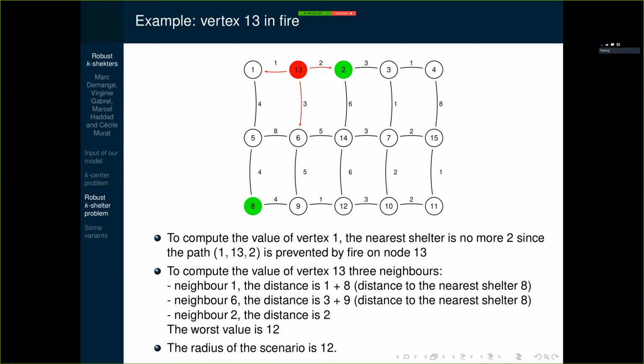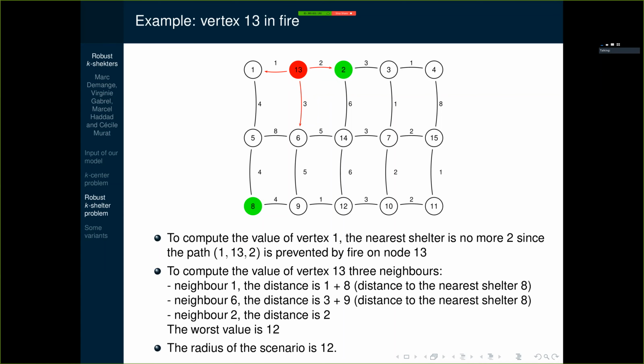It is the shelter 8. And if people run away to the vertex 2, the distance is 2 only. But as we take into account the worst case, the value for this vertex 13 is 12. We make the same computation for each vertex, and we take the worst case for the scenario associated to the vertex 13 in fire.